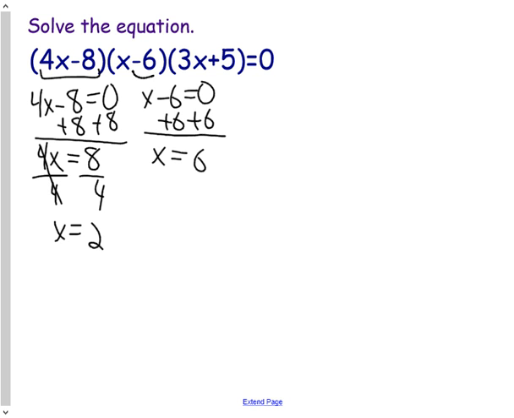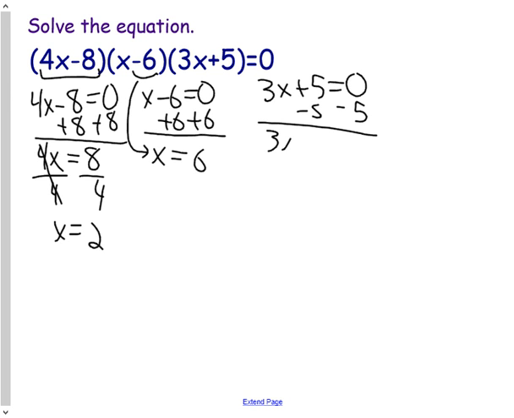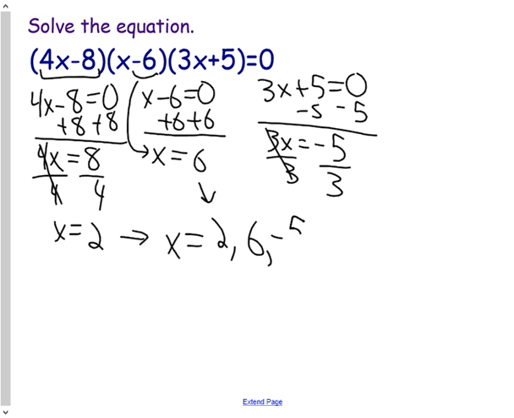We go from minus 6 to x equals plus 6, so we added 6 to each side. 3x plus 5 equals 0 in our last part. Minus 5, divided by what's in front of the x, and we get negative 5/3. So our three answers are x is 2, 6, and negative 5/3.